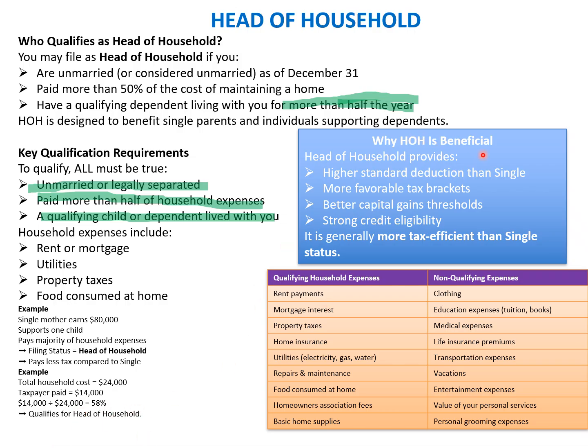So why is HOH beneficial? Because head of household provides a higher standard deduction than single, a more favorable tax bracket, better capital gain threshold, strong credit eligibility, and it is generally more tax efficient than single status.